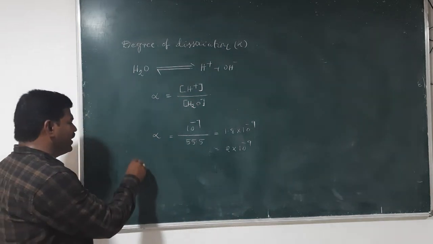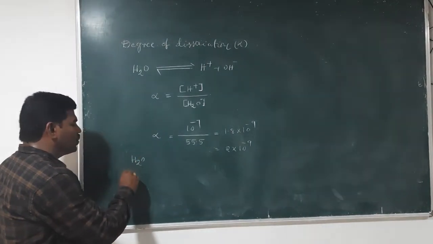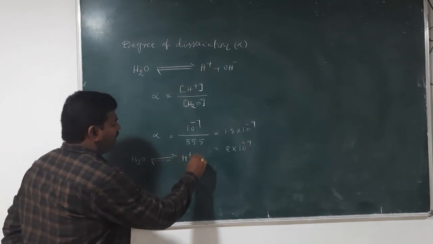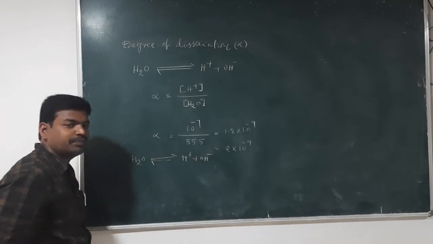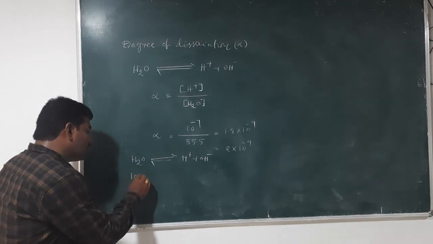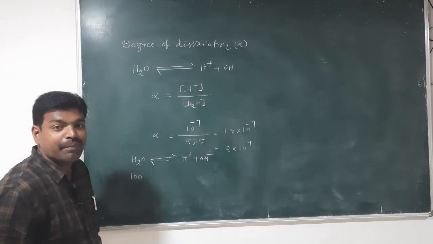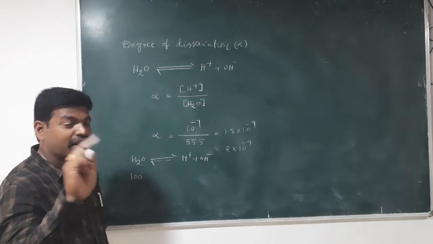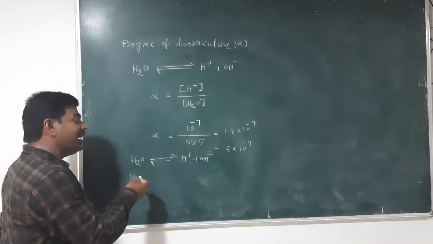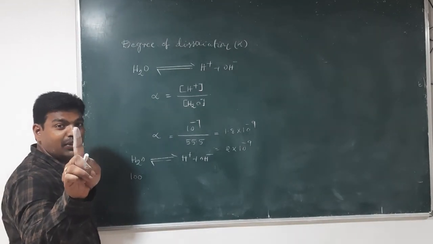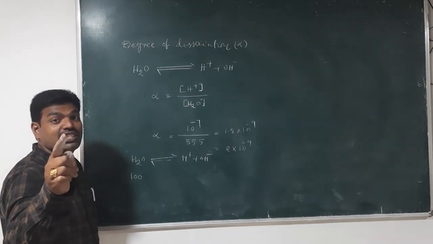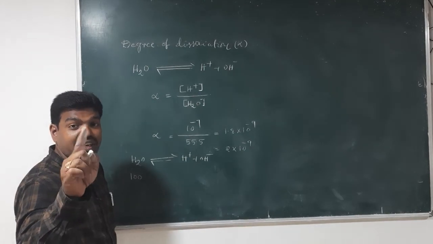For example, if we take water, it undergoes partial ionization. That means it gives H plus ions and OH minus ions. If we take 100 molecules of water, let us assume only one molecule of water undergoes dissociation, because water does not undergo complete ionization.